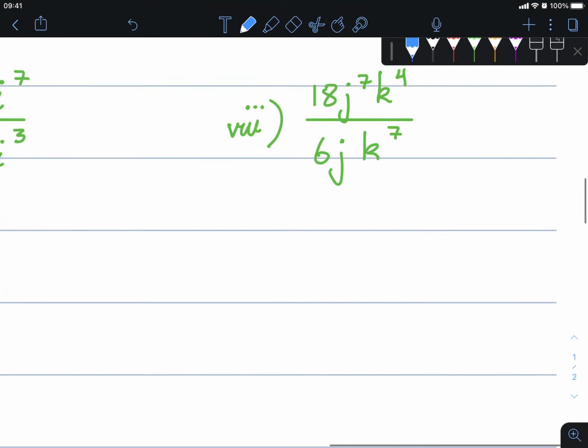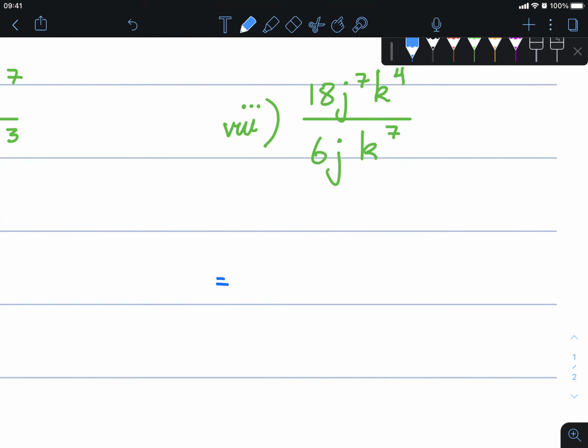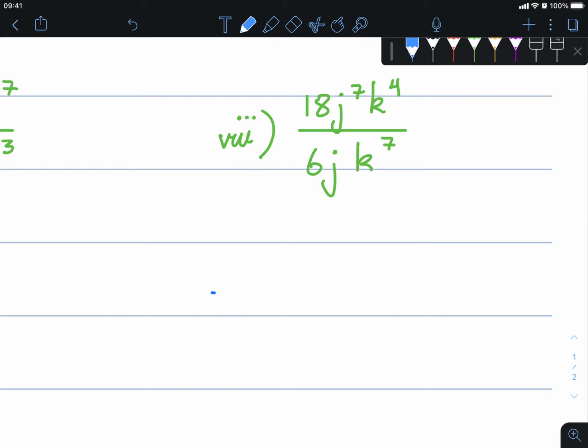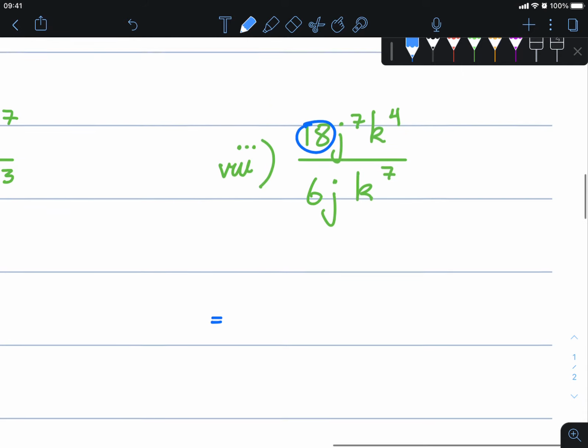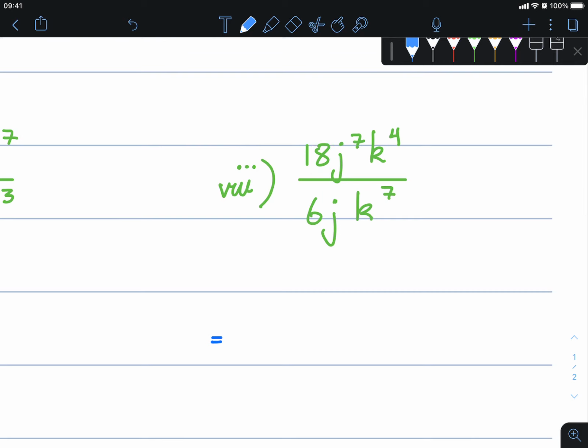One last example. Once again, just focusing on one expression at a time. So 18 divided by 6. 18 divided by 6 is 3. 6 divided by 6 is 1.